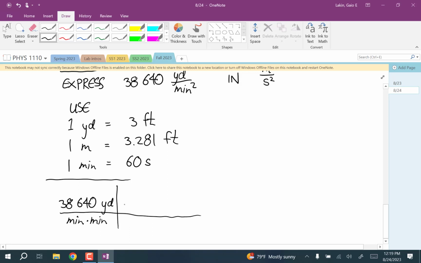And now we're going to multiply by a conversion factor that takes yards to feet. The yards here are in the numerator. So we want the conversion factor that has yards in the denominator, so they cancel. So 1 yard is equal to 3 feet.